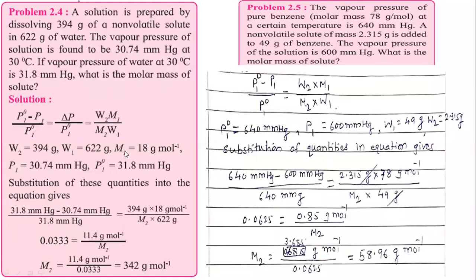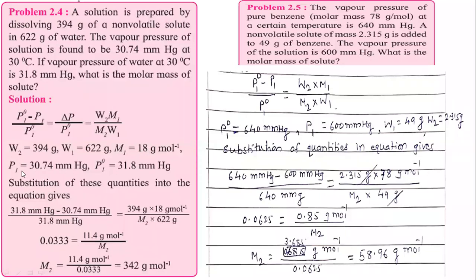M1 is the molar mass of water, which is not given, but we have to calculate it. H2O means hydrogen is 1, two hydrogens 2, and oxygen is 16. 16 plus 2 is 18 grams per mole. This is expected from the student. M1 is equal to 18.